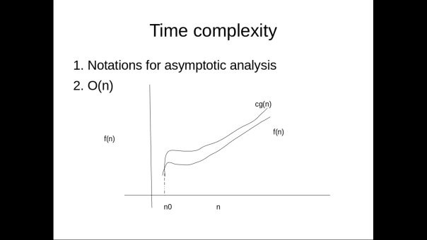Now let us take this order of g of n: f of n is equal to order of g of n. Since g of n is linear, you can say that it is order of n. Now this looks very complicated. Let us take an example.